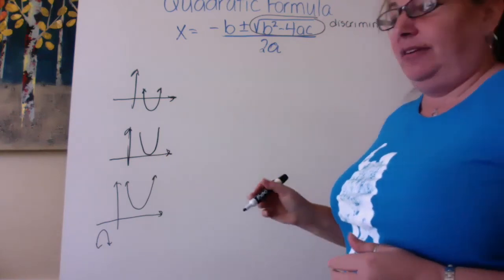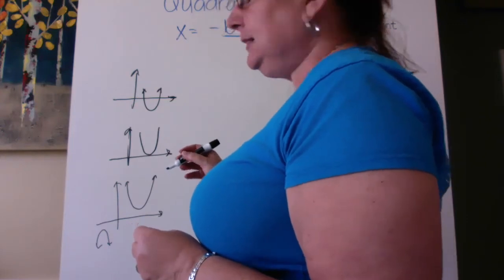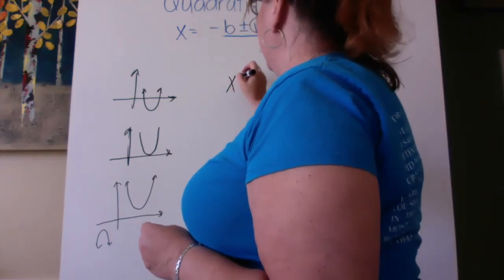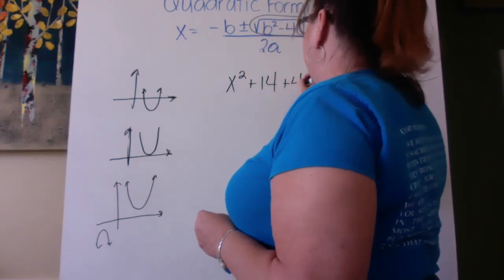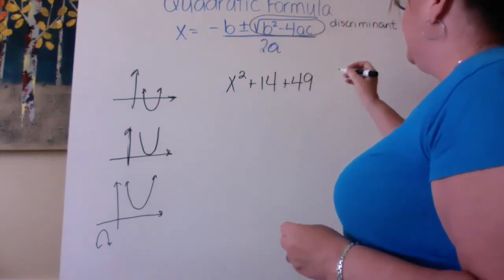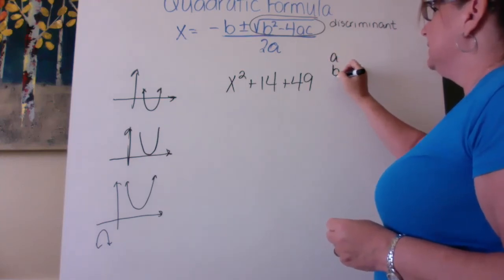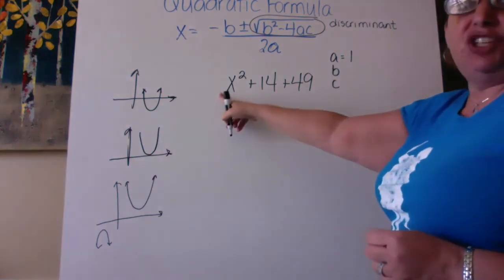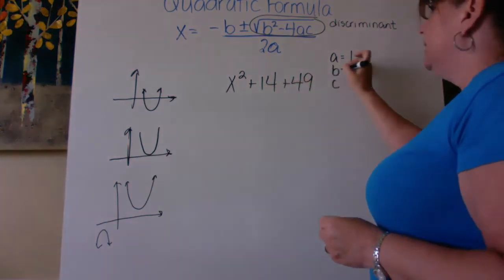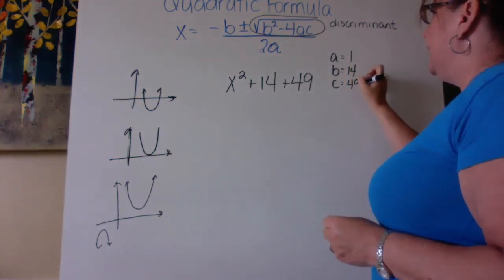For example, let's say I had x squared plus 14x plus 49. If I look at my A's, B's, and C's, A equals 1, because there's no coefficient there, so it must be 1. B equals 14, C equals 49.